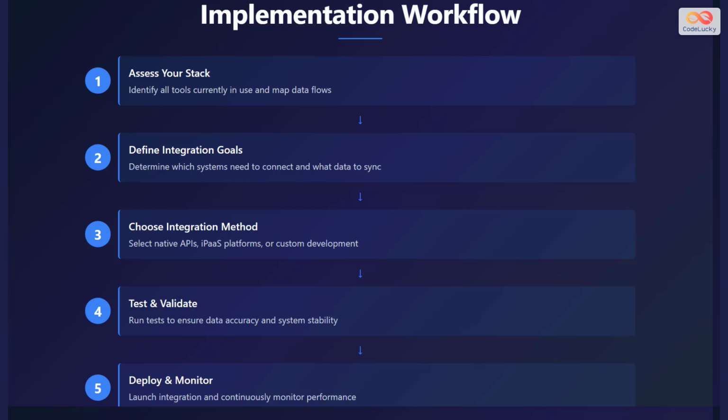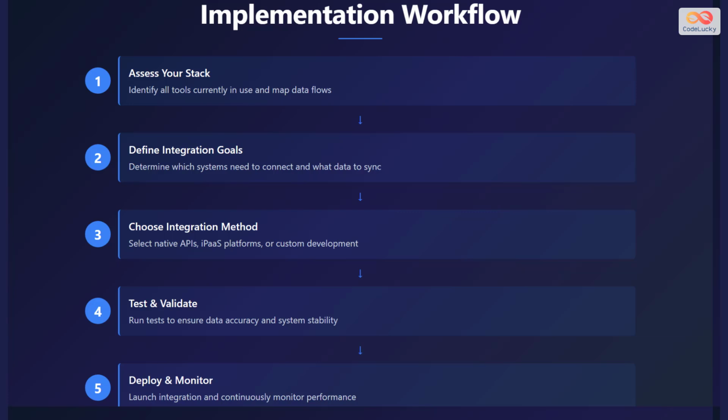Implementing integration follows a structured 5-step process. First, assess your stack by identifying all tools currently in use and mapping how data flows between them. Second, define your integration goals by determining which systems need to connect and what specific data needs to synchronize. Third, choose your integration method by deciding whether to use native APIs, iPaaS platforms, or custom development.